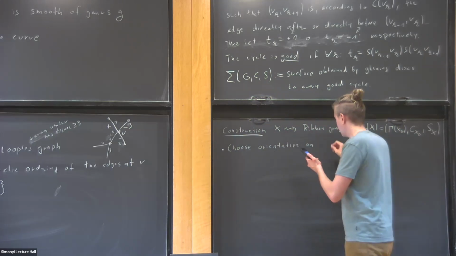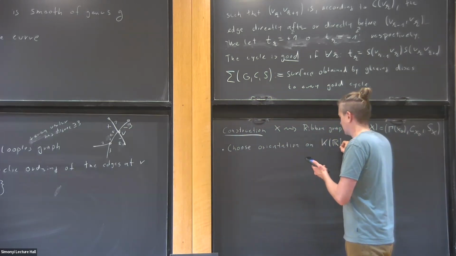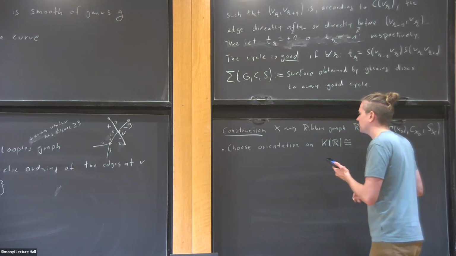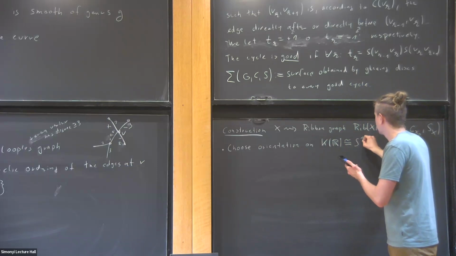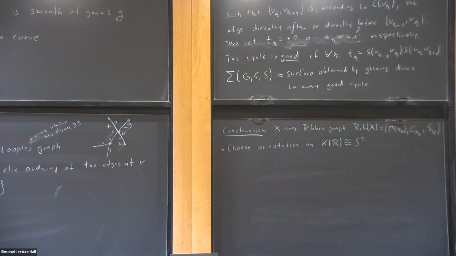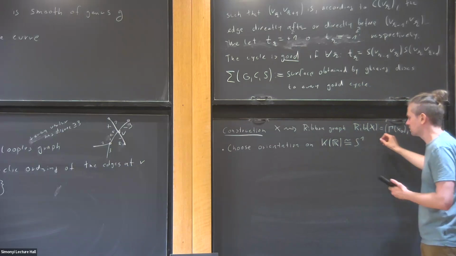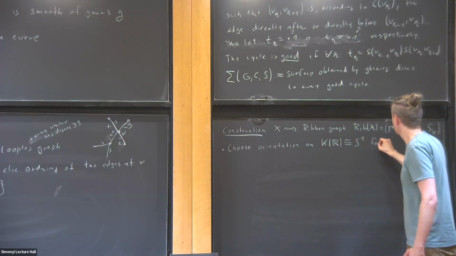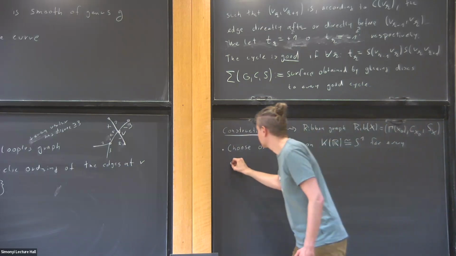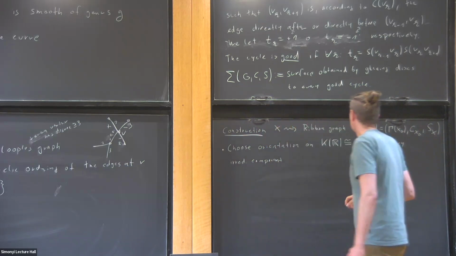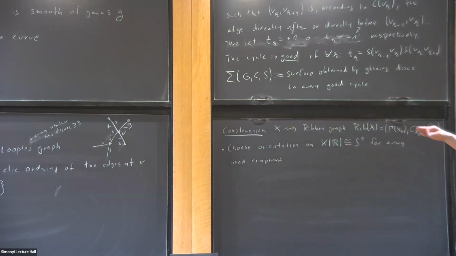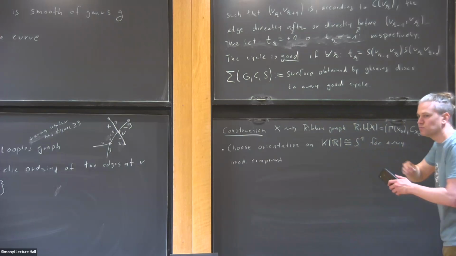So to define the cyclic ordering, we choose an orientation on the real part of every irreducible component. Right, so the Mumford condition implies that the irreducible components are all rational curves, and the loopless condition implies that these are actually smooth rational curves.